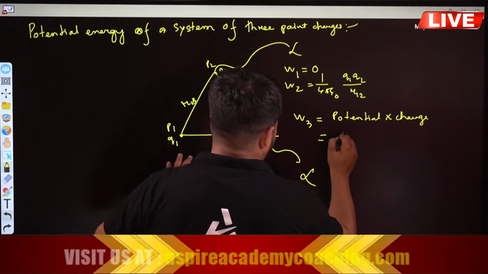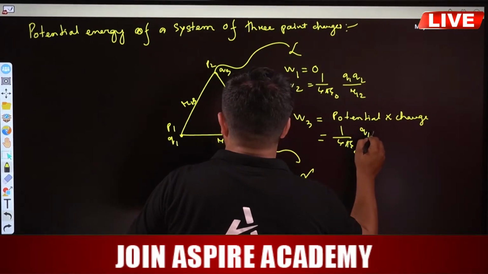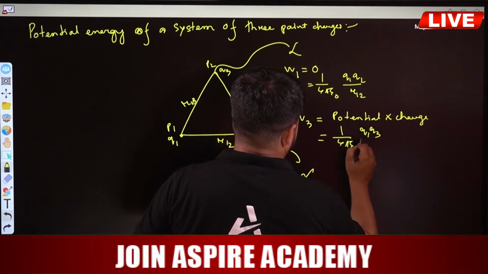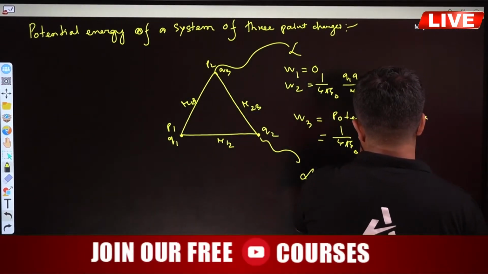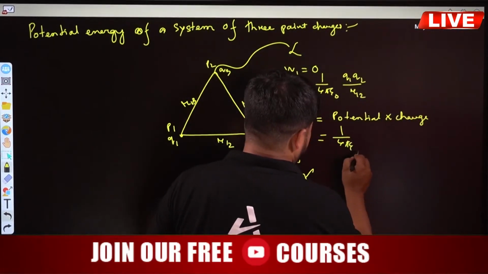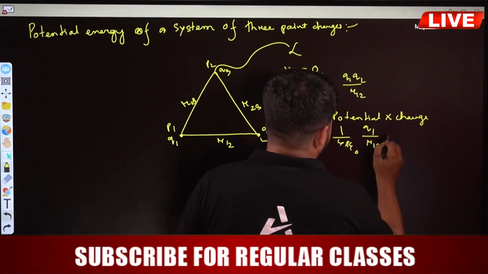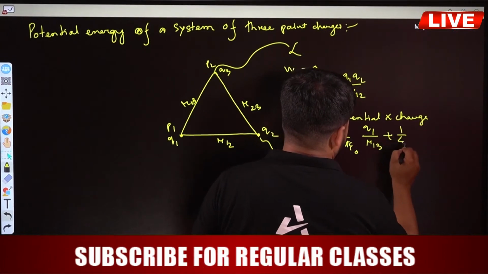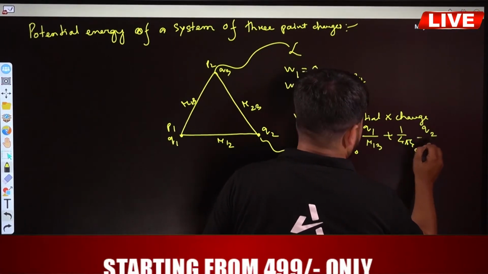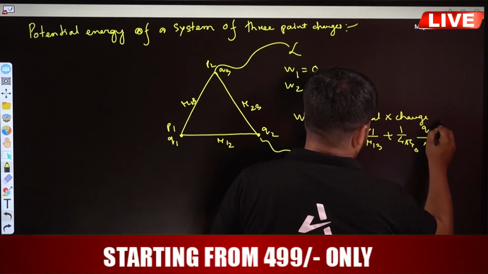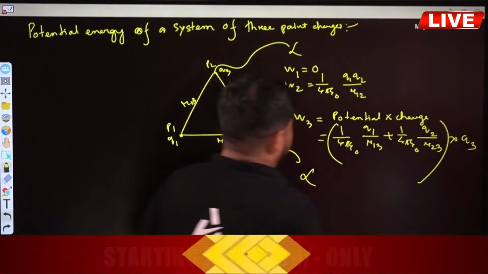So 1 by 4 pi epsilon naught Q1 by R13 plus 1 by 4 pi epsilon naught Q2 by R23. This is the total potential, and the charge is Q3.